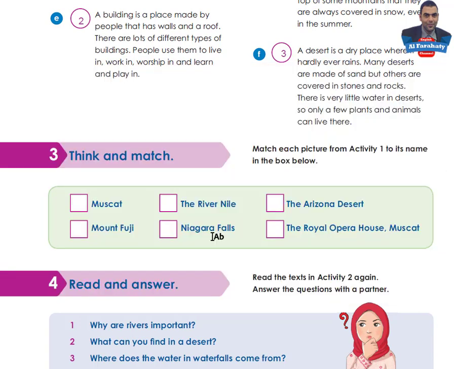Hello again. I'll match the names here to the pictures from Activity 1 in order to check your answers. Yes, picture 1 is Mount Fuji. Picture 2, the Royal Opera House, Muscat.